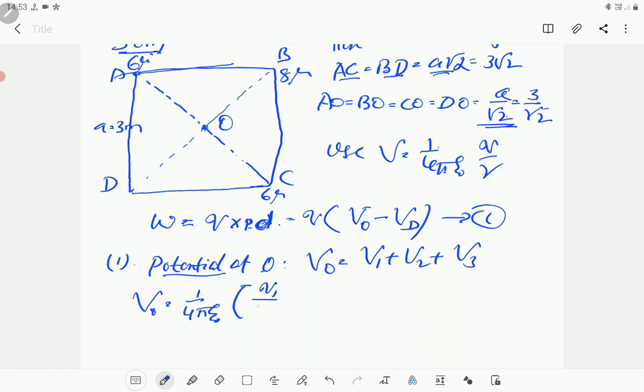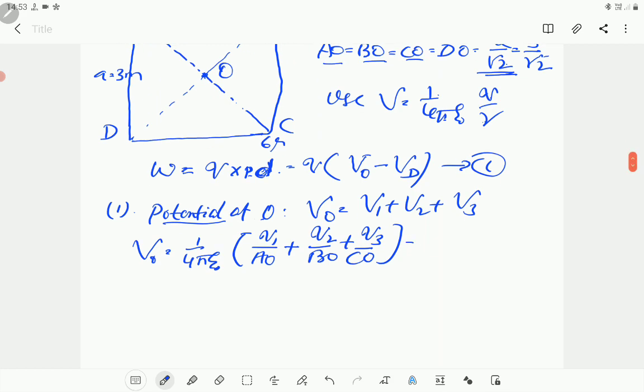Charge Q1 divided by corner A to center O. You are finding potential at center O, charge is at corner A. Q2 divided by BO plus Q3 divided by CO. Since AO equals BO equals CO, you can put AO for all.